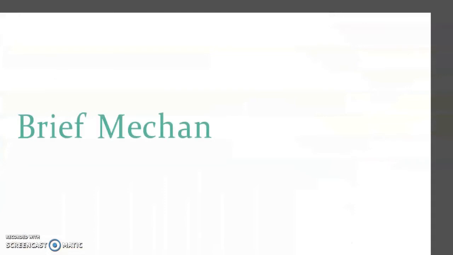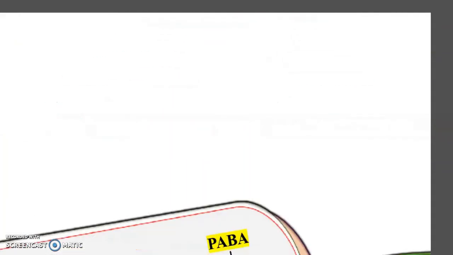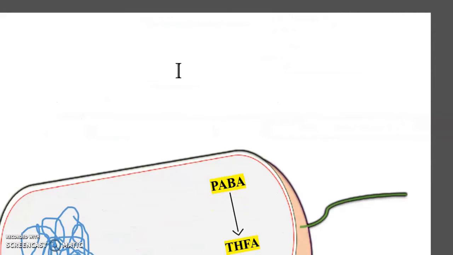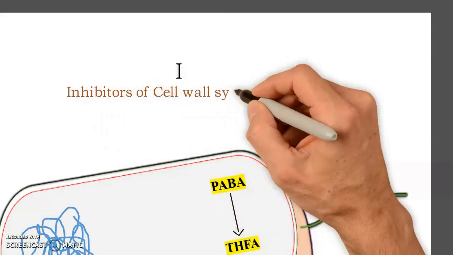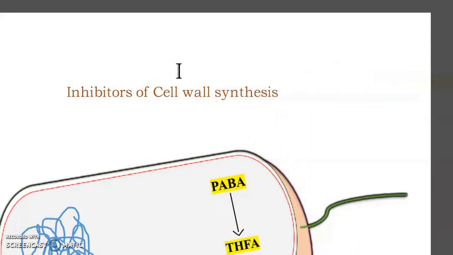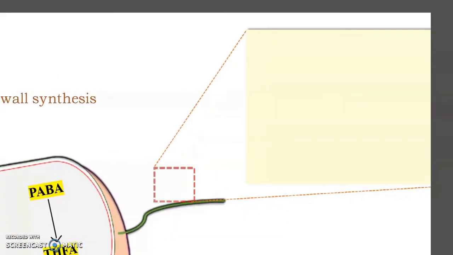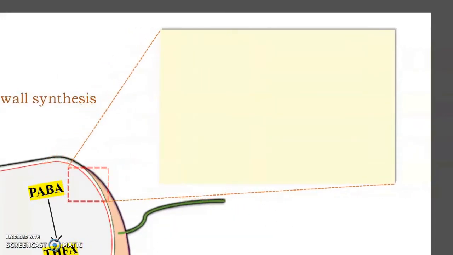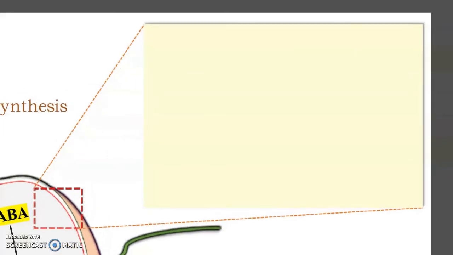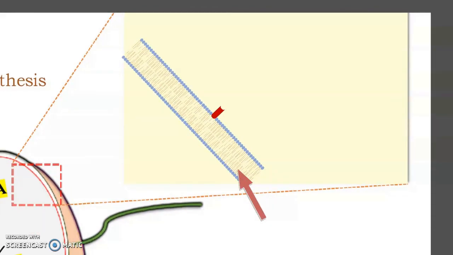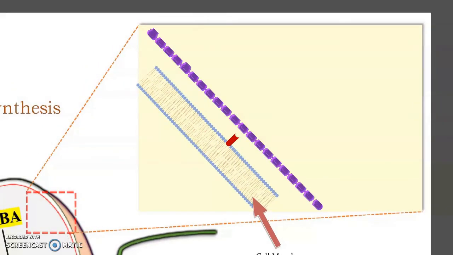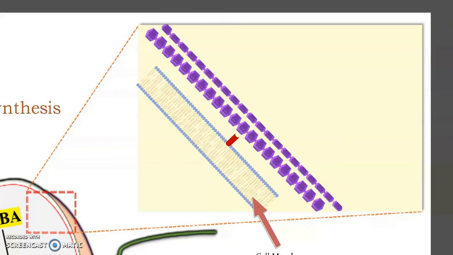Now, we are going to look into the mechanism of action along with examples of the drugs. To begin with, the first category of antibiotics are the ones which inhibit the synthesis of the bacterial cell wall. So now we are going to magnify the cell wall. Bacteria consist of a cell membrane, and they also have a peptidoglycan layer which acts as the cell wall.